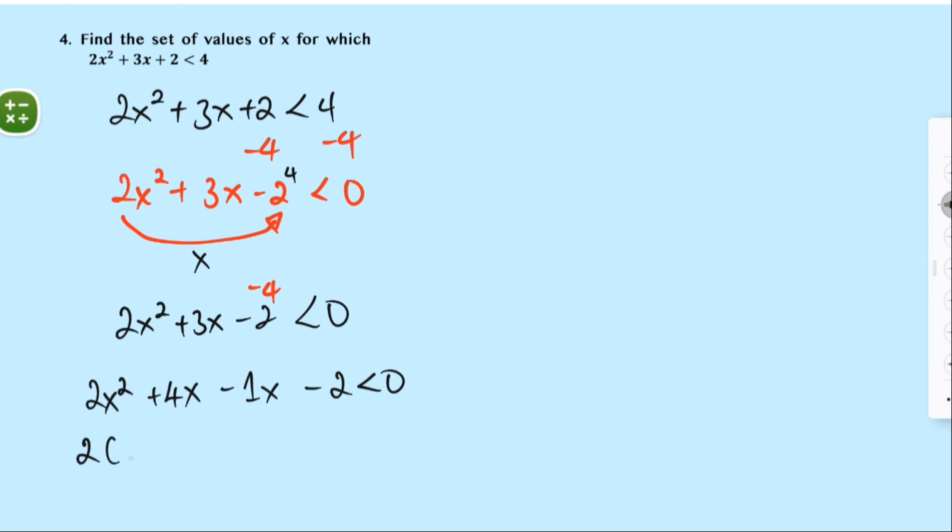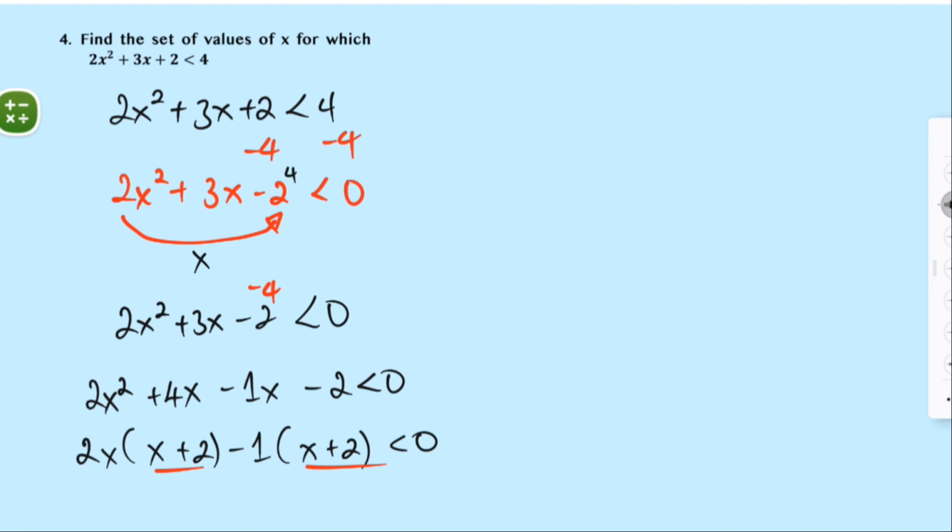Then I'm just going to factorize 2x here. X plus 2 would be left over. I can factorize -1 here so that x plus 2 is still left over. Keep in mind we have to make sure these internal ones are the same.